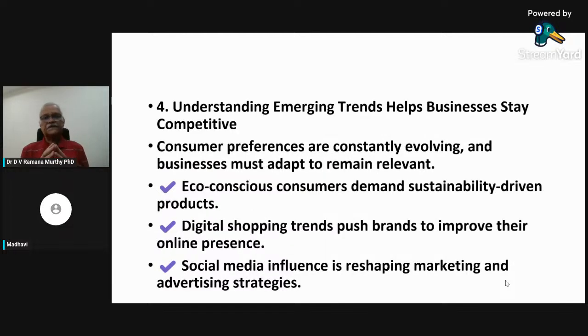Very, very important. Understanding emerging trends also is very important. That's why market research is important, because if you want to stay competitive, observe the market. If you want to observe the market, you have to go for researching it. Consumer preferences are constantly evolving, mind it.